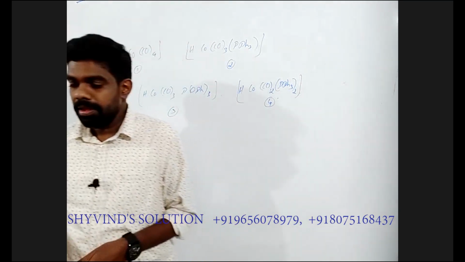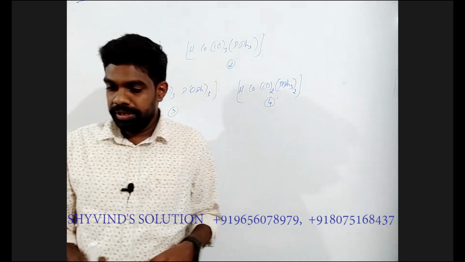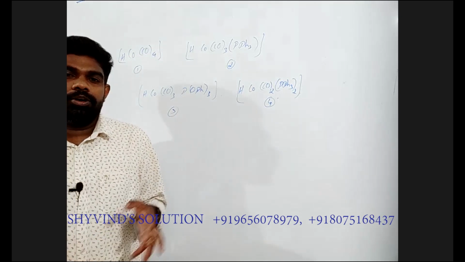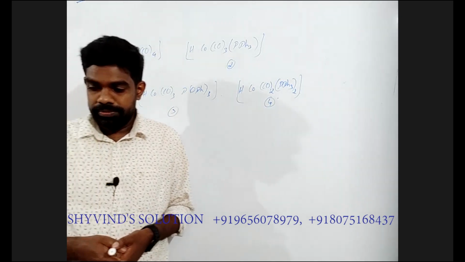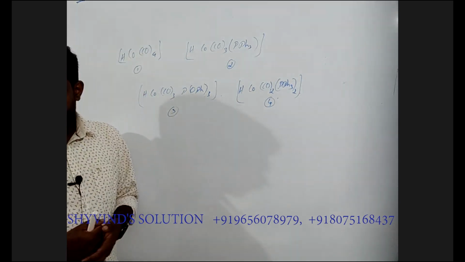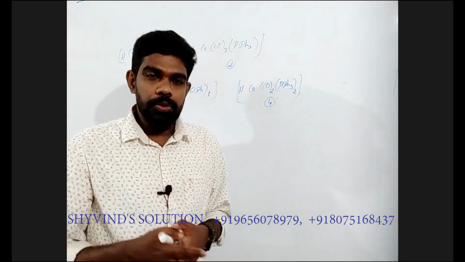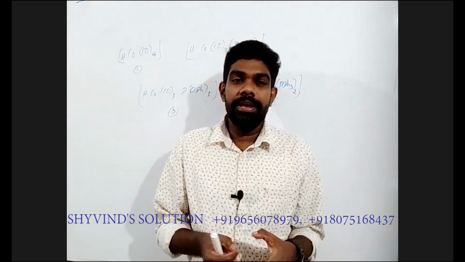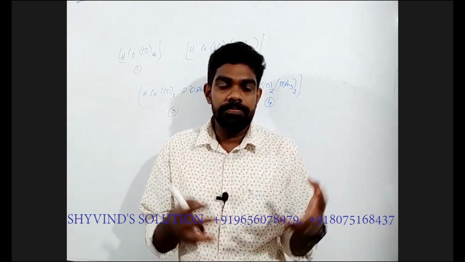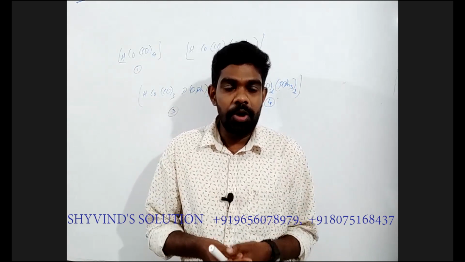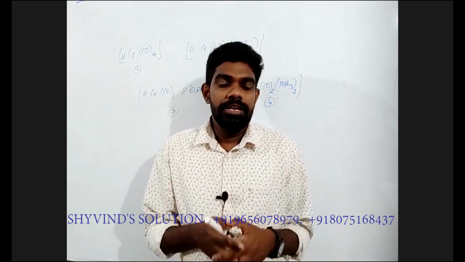Out of these four molecules, we should arrange them in the order of pKa value. Okay, let's see how we can do this. To do this problem, we should know how pKa is directly related to acidity.